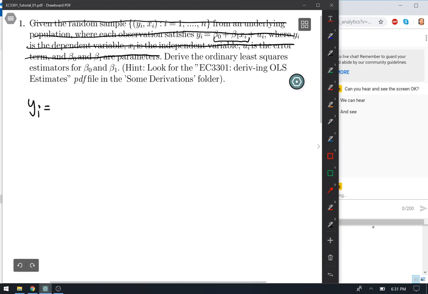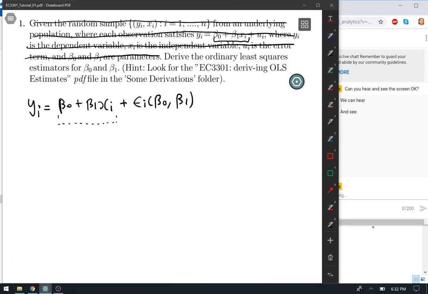So in this case we've got two parameters, b0 plus b1 xi, and it specifies that y is linear in all the regressors and parameters plus a residual. And technically the residual is a function of b0 and b1, of course. For every different parameter we're going to get a different residual.